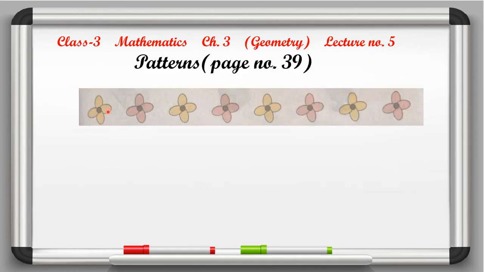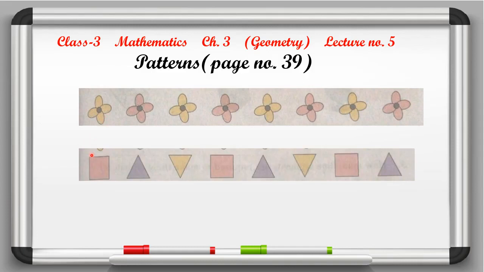So here you can see that one example of pattern is given. So here these all are flowers, but here in this flower yellow color is there, then this brown color is there, then again yellow, then brown, then yellow, then brown, then yellow, then brown. Means after every yellow, brown follows it. Okay, and here you can see another pattern.